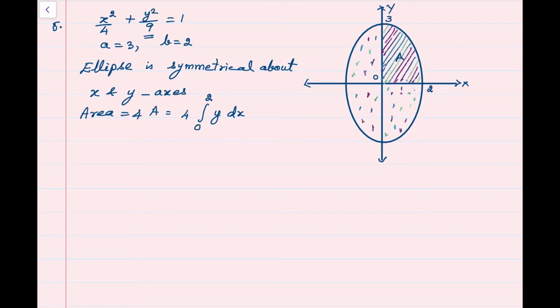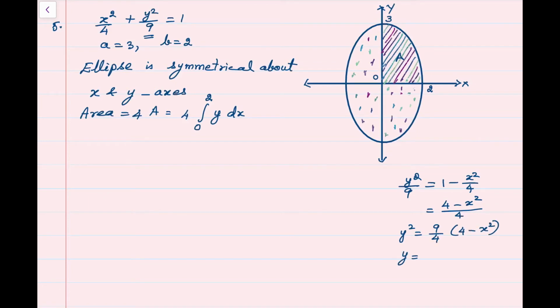Let us find y from the equation of the ellipse. Y square divided by 9 is 1 minus x square divided by 4. Take LCM to avoid the coefficient. 4 minus x square. Therefore, y square will be 9 divided by 4 times 4 minus x square.